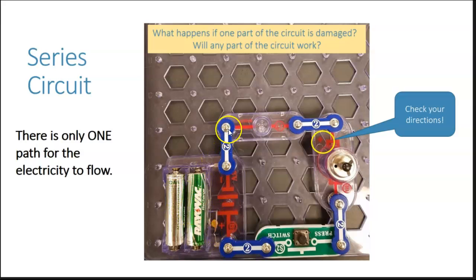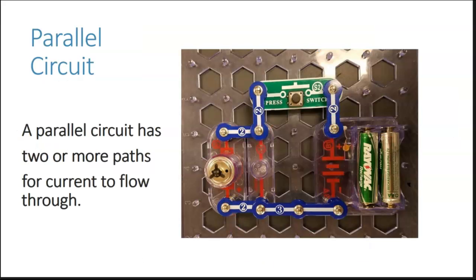Our electrons will flow in this direction, turning on an LED light, coming in this direction, turning on a fan, following this wire along, and we can turn the light switch on and off here, and then back again, and the flow continues to go. If any one of these is removed, we would have an open circuit and we would not have any flow of electrons. There's only one path for our electrons to move here. That's a series circuit. The next circuit we're going to look at is a parallel circuit.